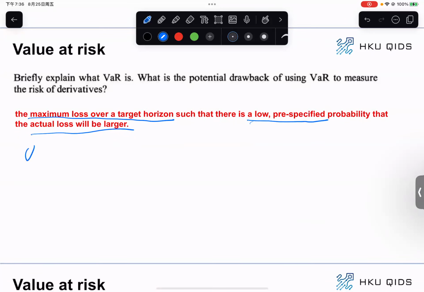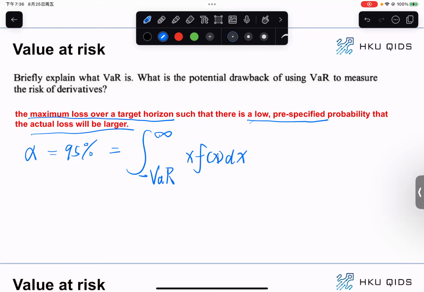Given a confidence level, which usually is 95%, VaR is simply: alpha equals the integral from negative VaR to positive infinity of f(x) dx, where x is just the P&L, the profit and loss, and f(x) is the PDF.